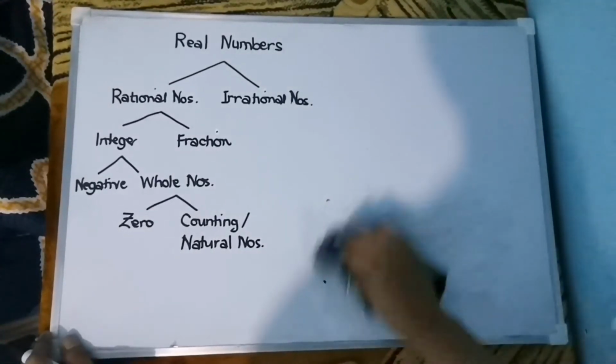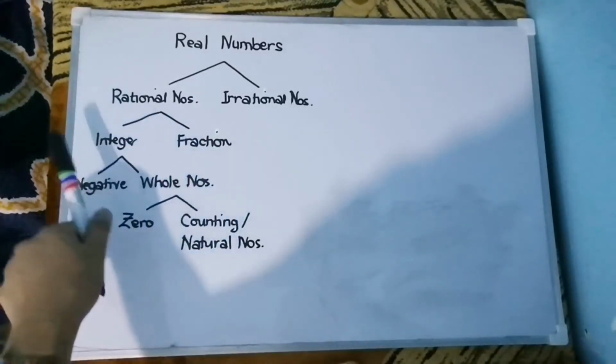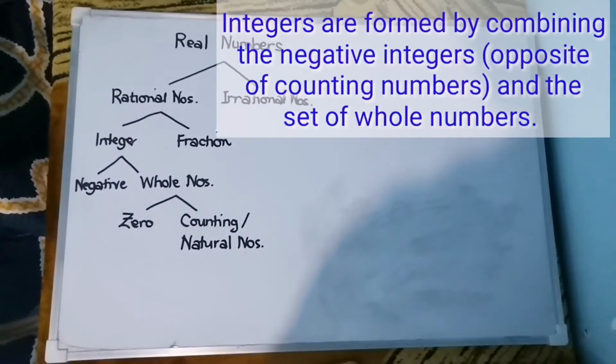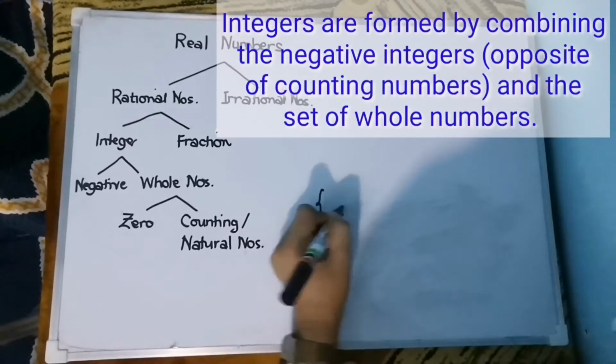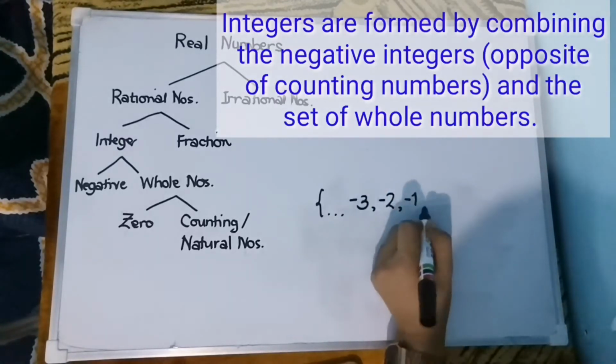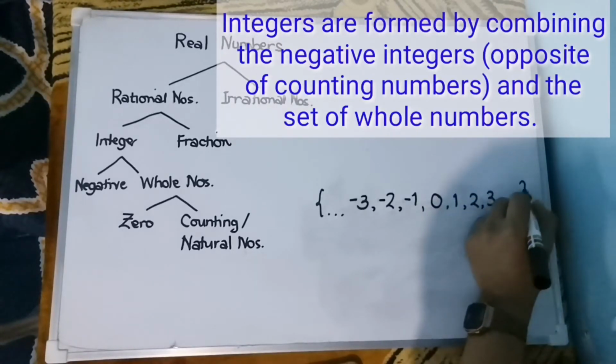Then, under ng rational numbers, we have here integer and a fraction. So, when we say integers, formed by combining the negative integers, opposite of counting numbers, and the set of whole numbers. Wherein we have here negative 3, negative 2, negative 1, 0, 1, 2, 3, and so on.